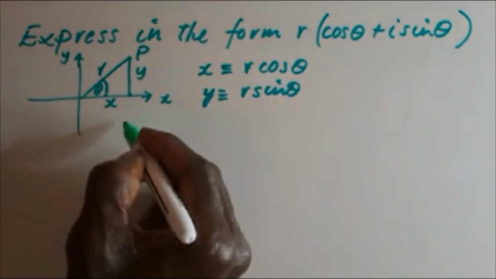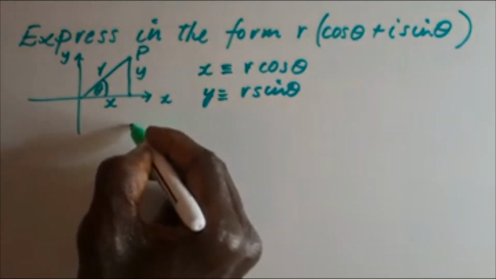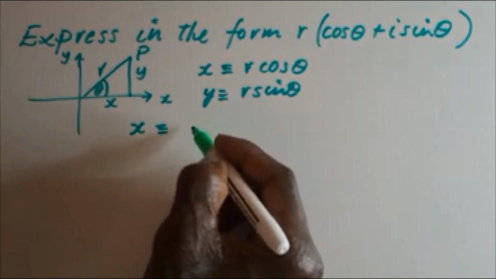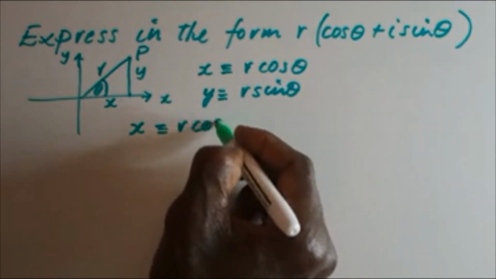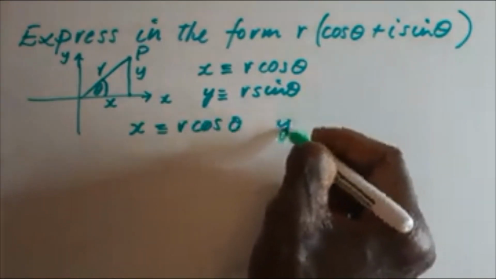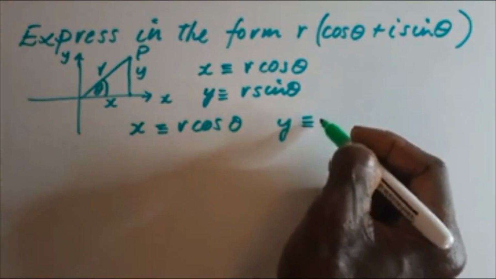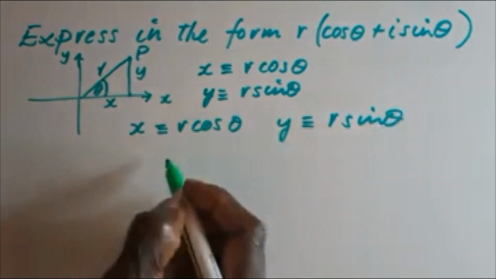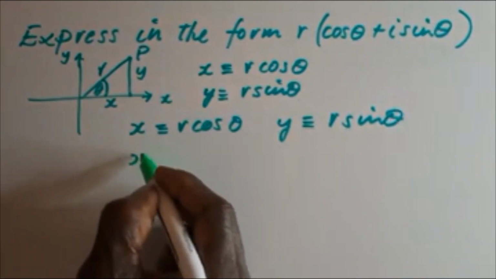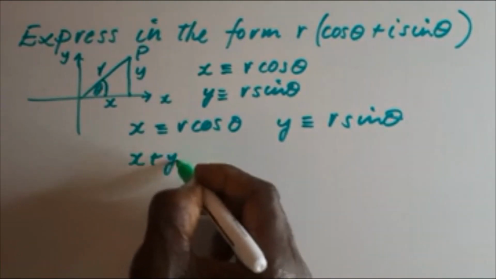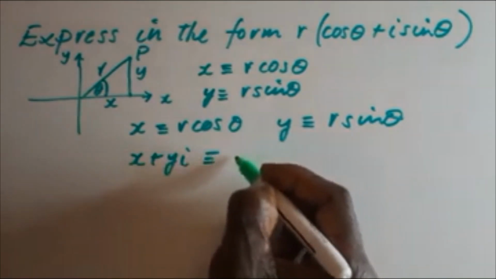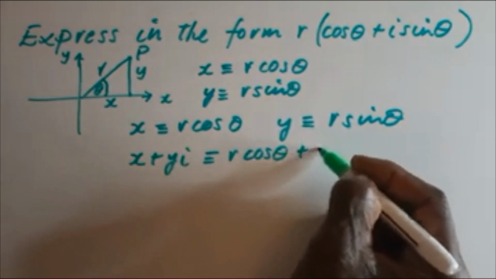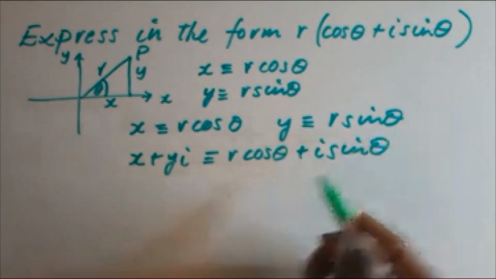Now if we have that x, which is equivalent to r cosine theta, and we have y is equivalent to r sine theta, we have the complex number x add yi equivalent to r cosine theta add i sine theta.